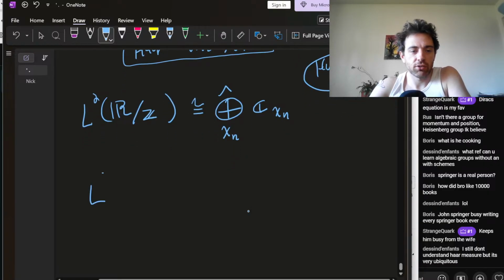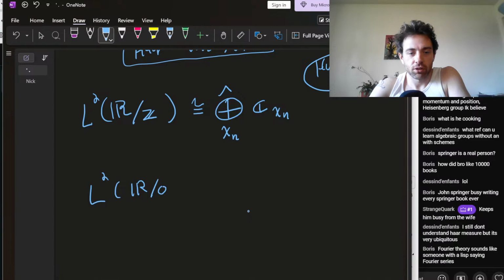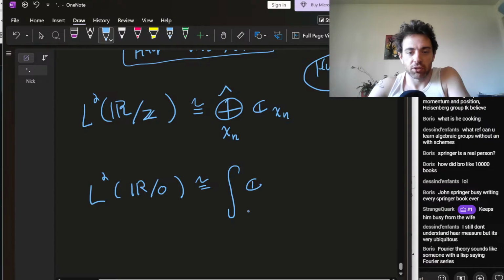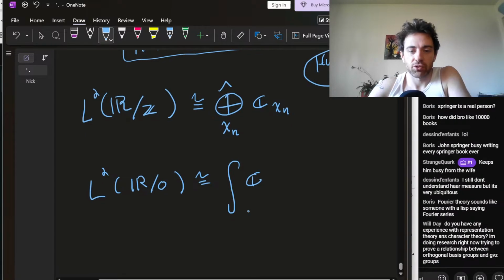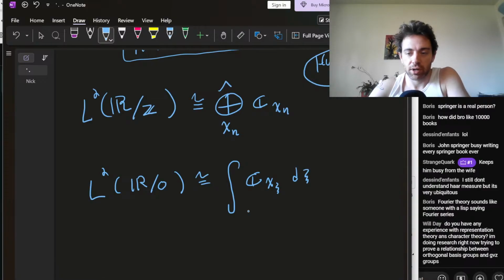It also says that if you take the trivial, you look at R modulo the trivial group, there's also a way of taking an integral of spaces, and it basically tells you how this representation breaks up as a sort of integral of representations, which now depend on a continuous parameter.